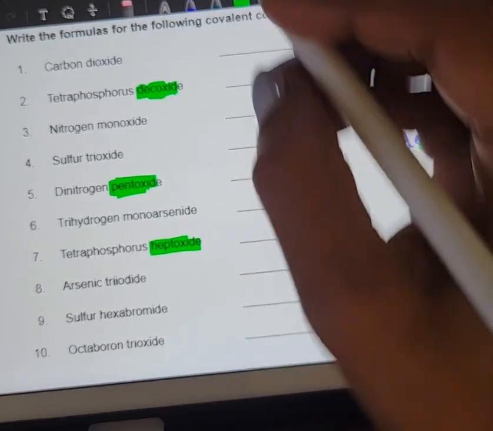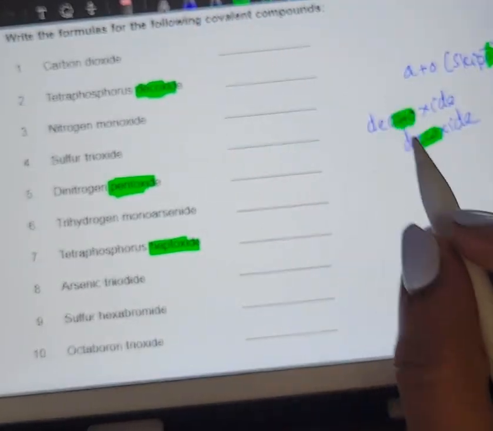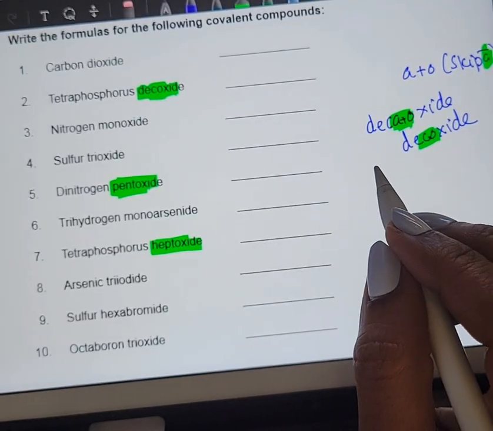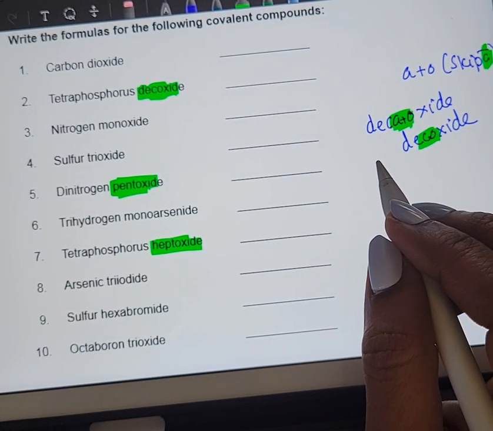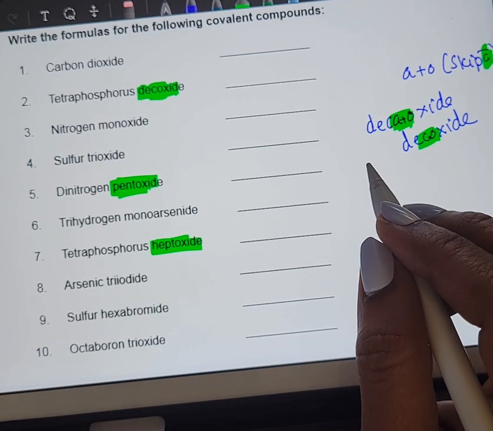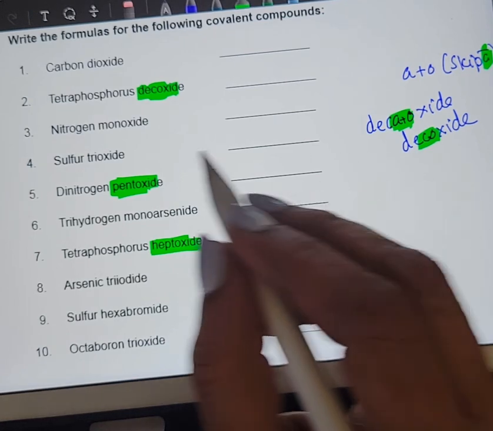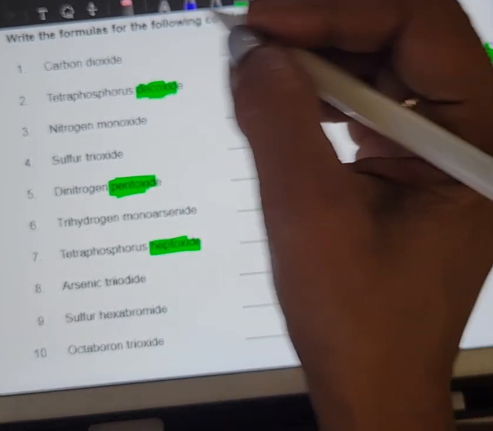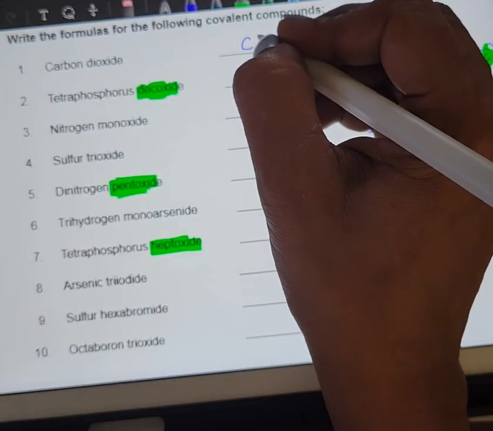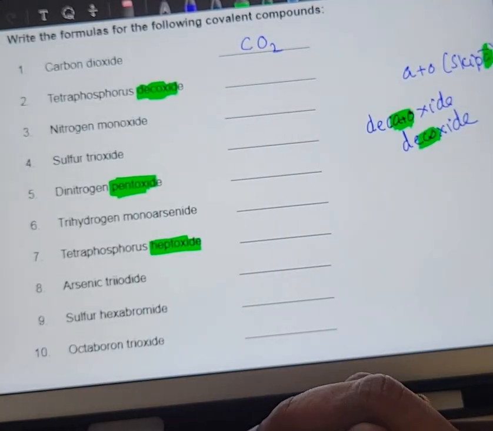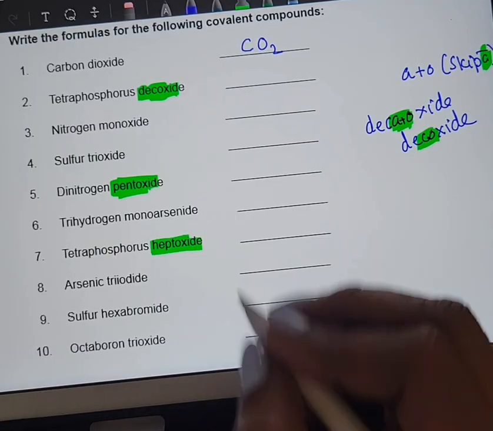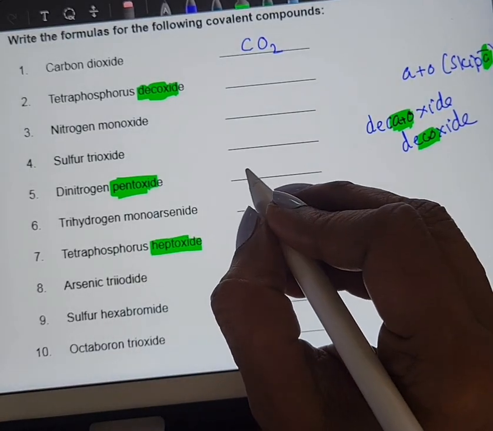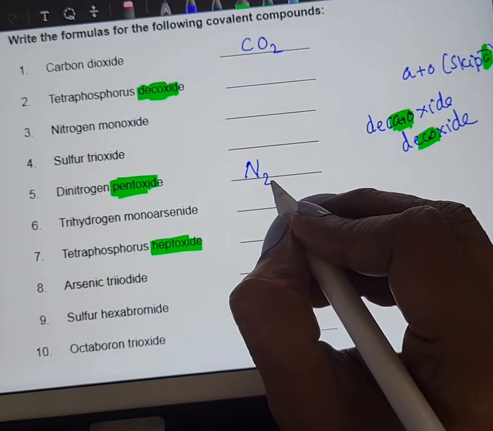So I'm going to do one example for you guys. Then the rest of that you have to stop the video and finish every other question. And the rest of them will be a review next class. Okay. So I'm going to do number 1, which is carbon dioxide. And do maybe 1, 4. No. I'll do number 5, which is dinitrogen.